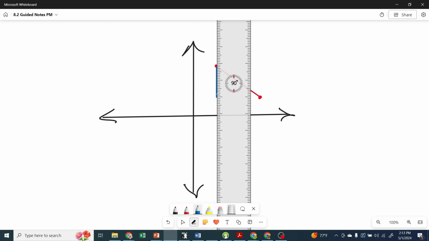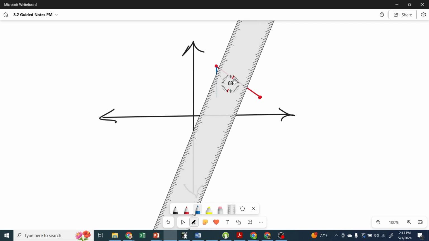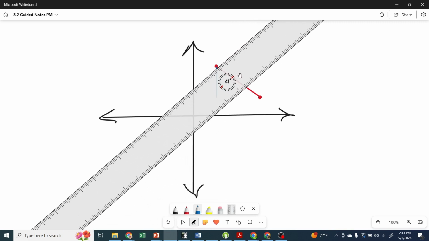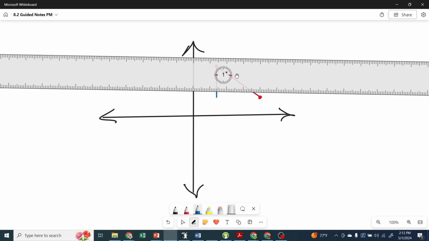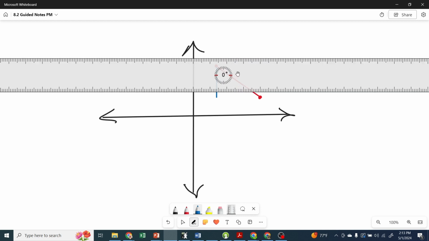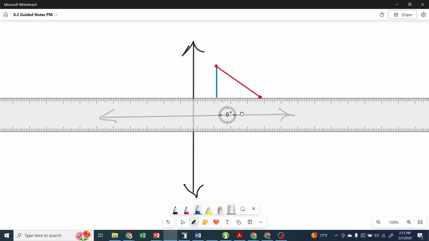So there's this, and then we would come here, and we would draw this. So here's our right triangle.